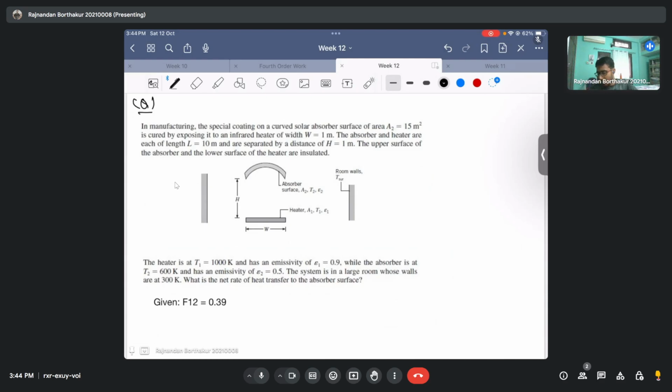There are multiple ways of approaching this problem, but we will try to solve it by fitting a resistance network, and then we will see how elegantly we can solve this problem using resistance analysis.